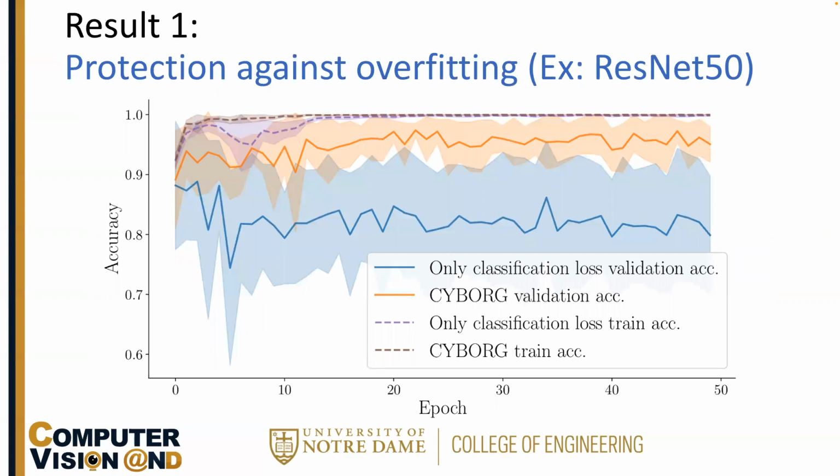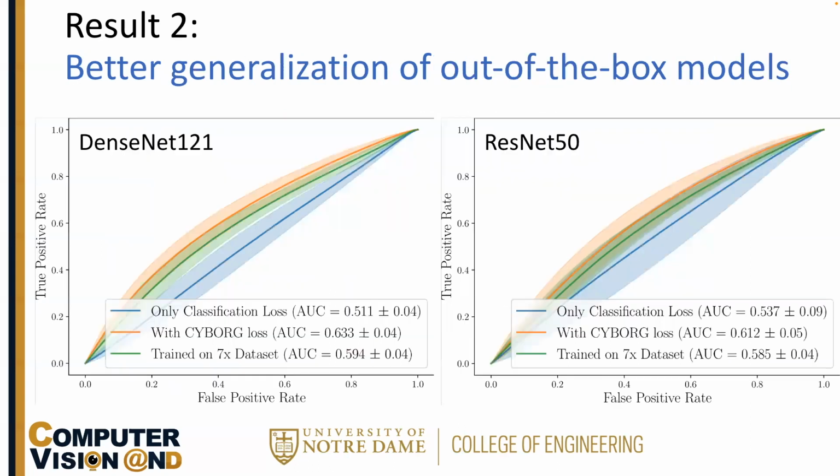The first result we see is actually a protection against overfitting. The blue line here is when you train only with the classification loss, without the human saliency component, and we see that the validation accuracy hovers around 80%. However, when we add the human saliency component, the only difference, the validation accuracy increases to around 95%.